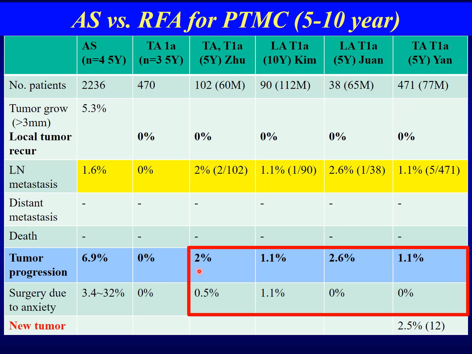These studies show the tumor progression rate was from 1.1 to 2.6%. Surgery due to anxiety was reported from 0.5 to 1.1%. So this table shows the 5 to 10 year follow-up results of active surveillance and radiofrequency ablation. Radiofrequency ablation shows a better tumor progression rate and lower surgery due to anxiety rate.